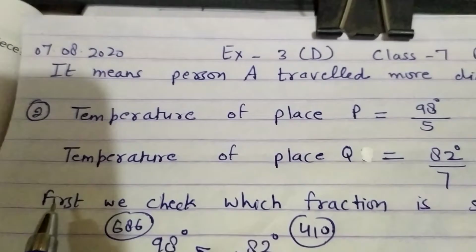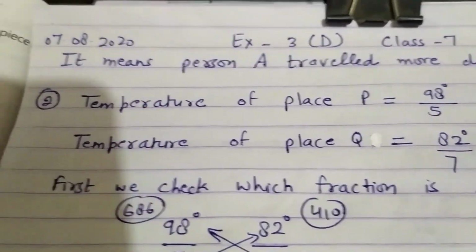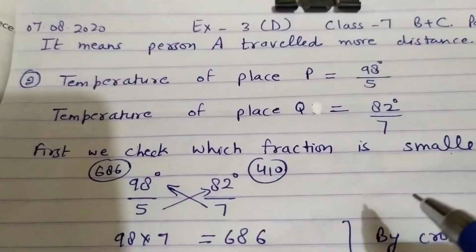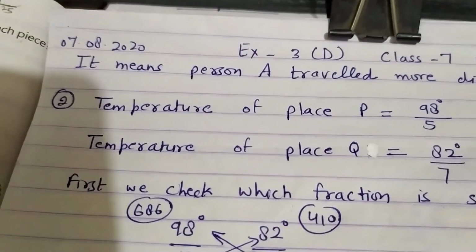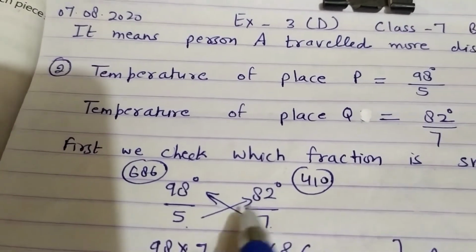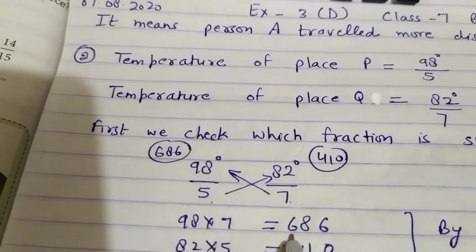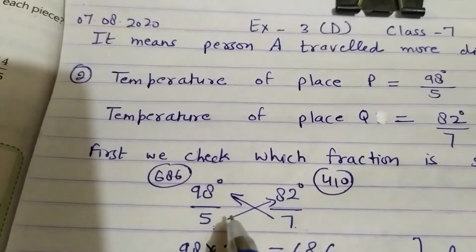First we will check which fraction is smaller, because we are asked to find which place is colder. So first we will find which fraction is smaller. 98 upon 5, 82 upon 7. Again by cross multiplication, this 98 multiplied by this 7, it is 686. This 82 multiplied by this 5, it is 410.